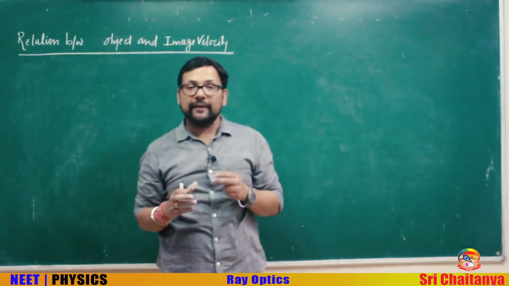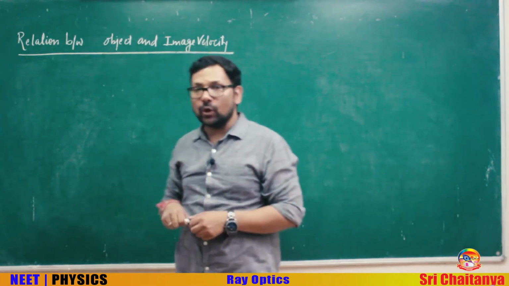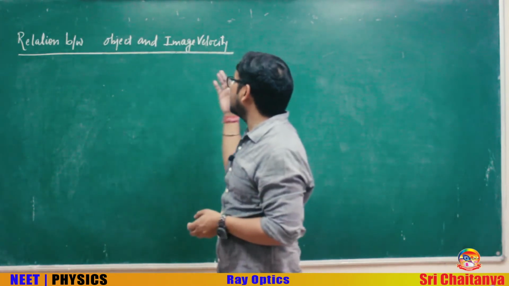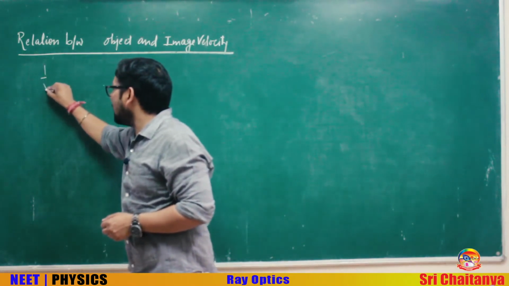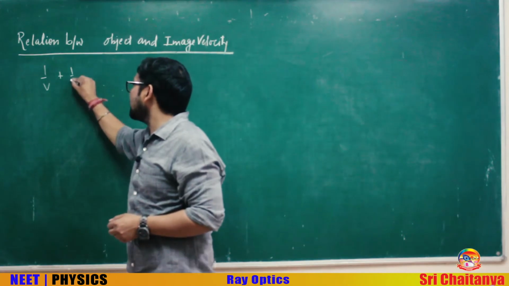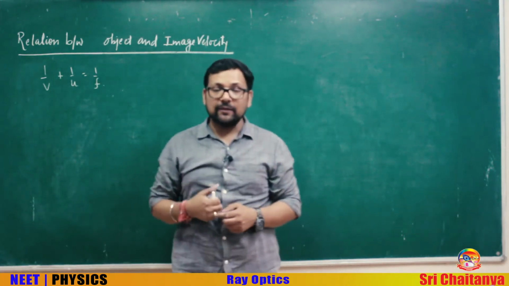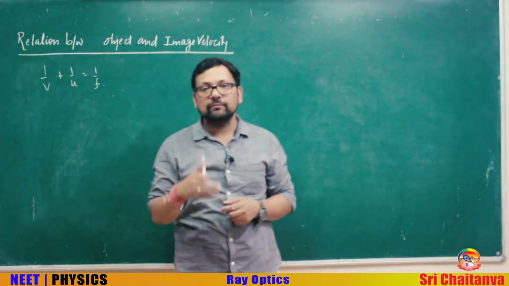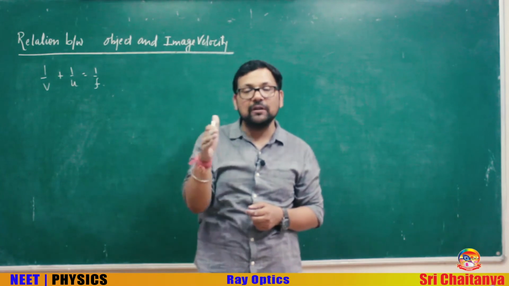Okay, now see the motion, the kinematics in spherical mirror. See the topic, relation between object and image velocity. In spherical mirror, we know that 1 by v plus 1 by u is 1 by f. And what are v, u, f? Image distance, object distance, focal length.